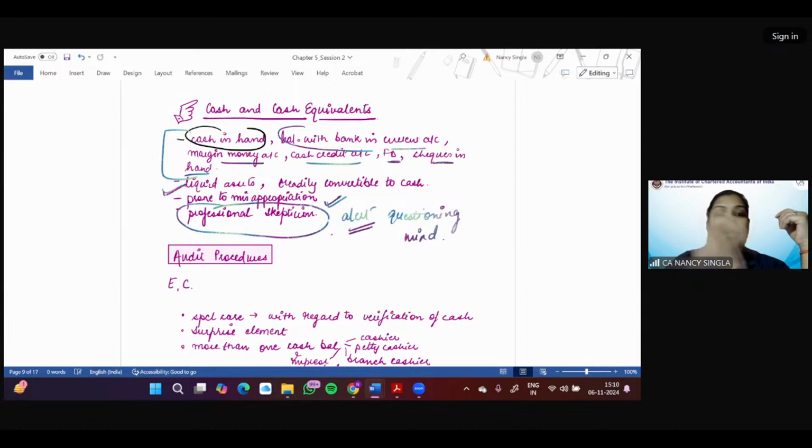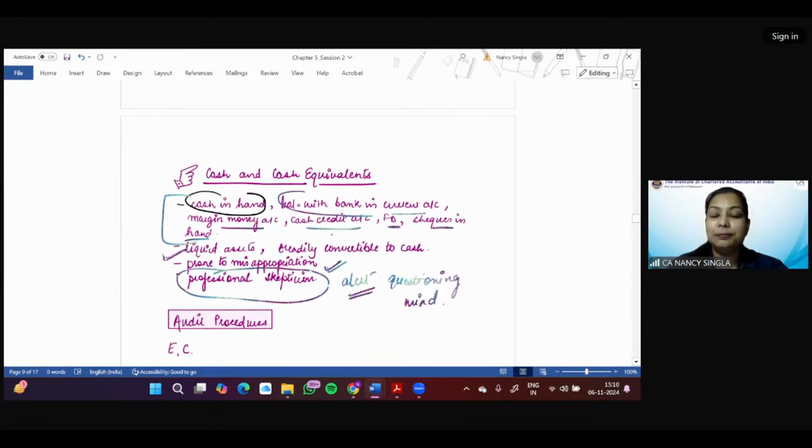Now, quickly send in your replies. What, according to you, are the various verification procedures that come to your mind? Suppose you are in an audit team of XYZ Limited and the engagement partner asks you to verify the various assertions. So I'm not talking about any particular assertion. So I'm saying the various assertions with respect to cash and cash equivalents.